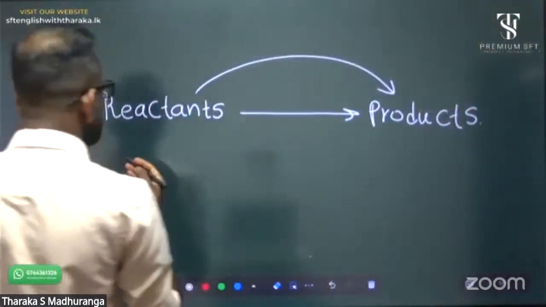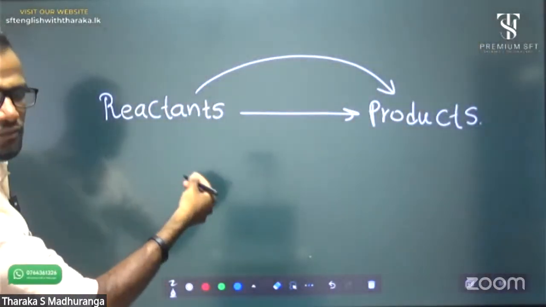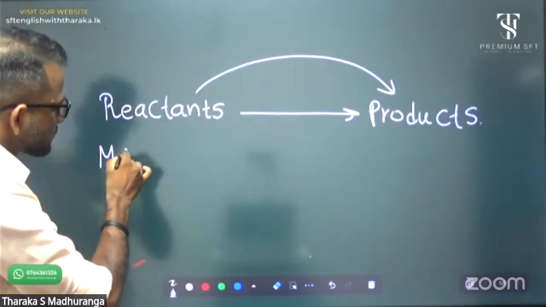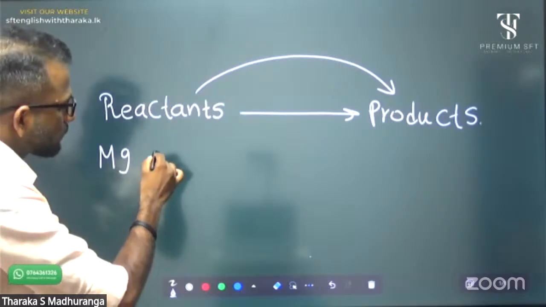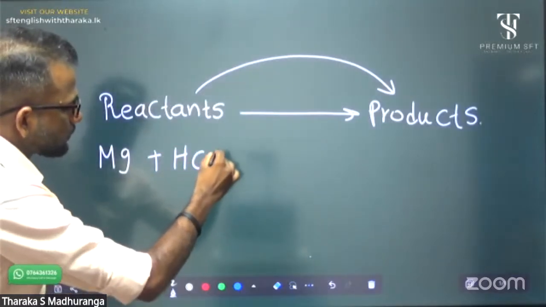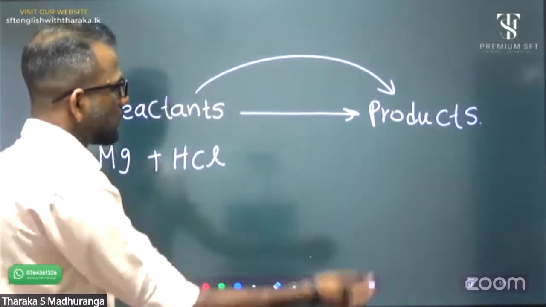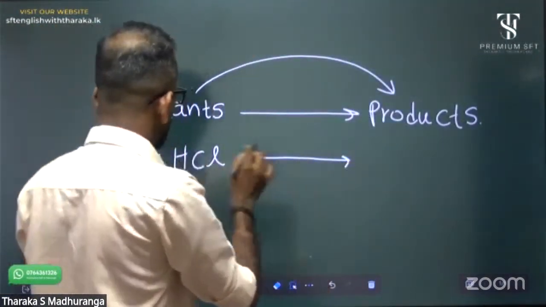What happened? Reactant molecules. A very simple example: magnesium reacts with HCl. Again I explain the mechanism of chemical reaction, right? HCl, then what are the products?